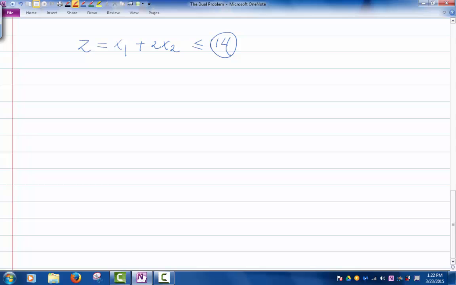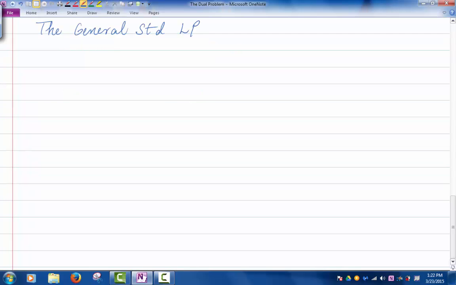Okay, so then the idea is, let me write down the general LP. Let me just use the standard LP. What's the general standard LP?